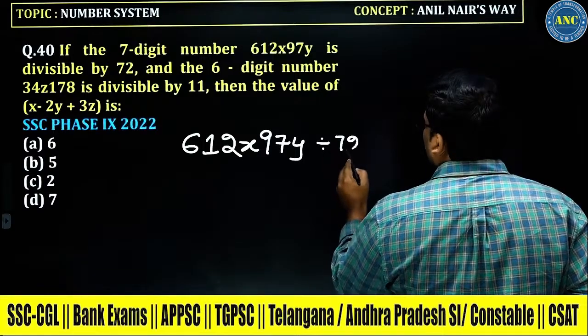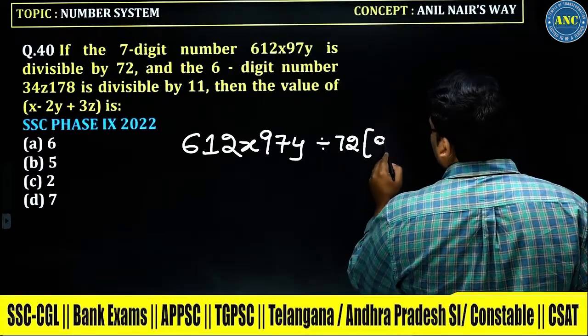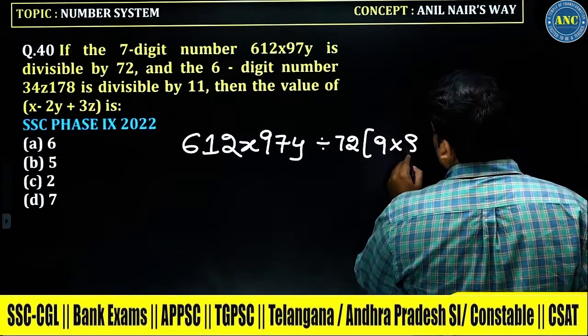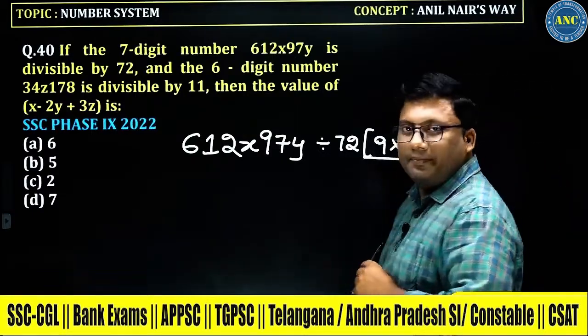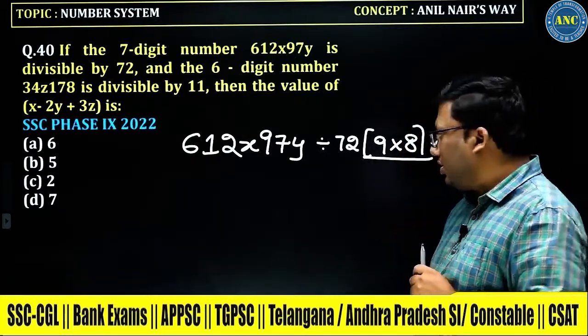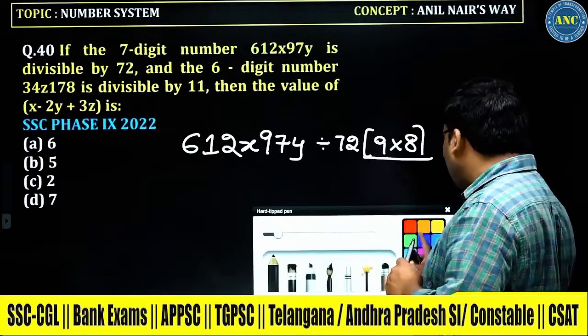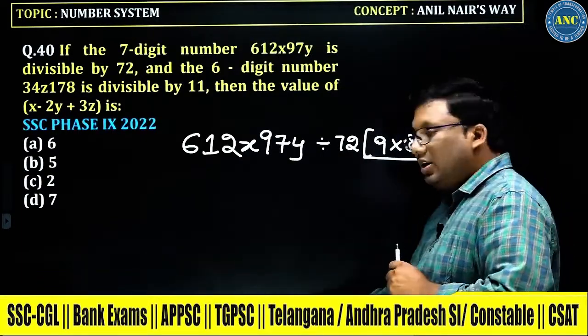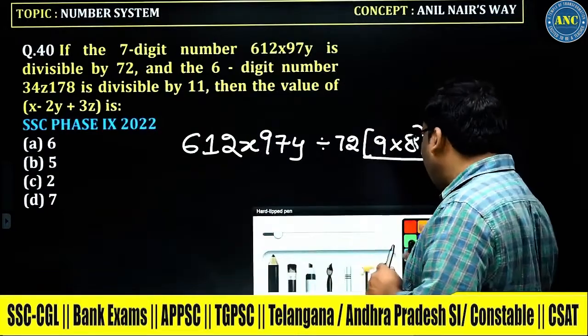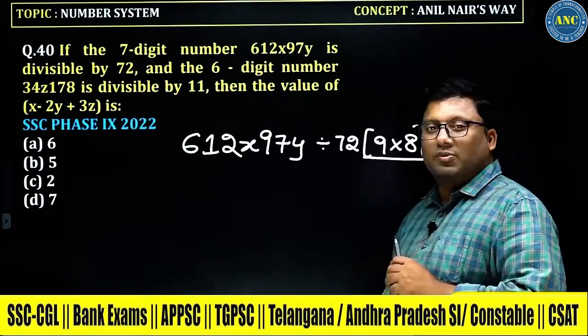It is divisible by 72. 72 means it is a product of two coprimes, 9 into 8. That means it should be divisible by 9 and it should be divisible by 8.